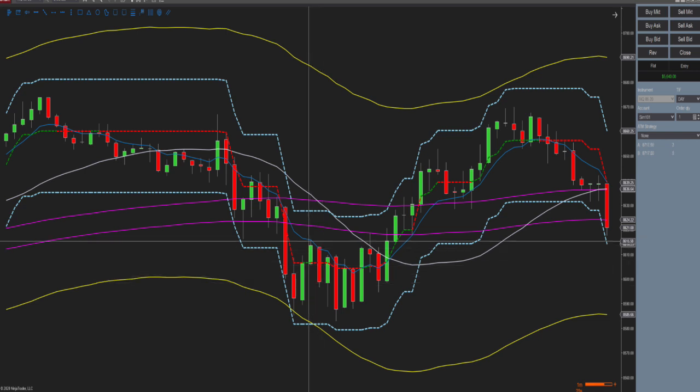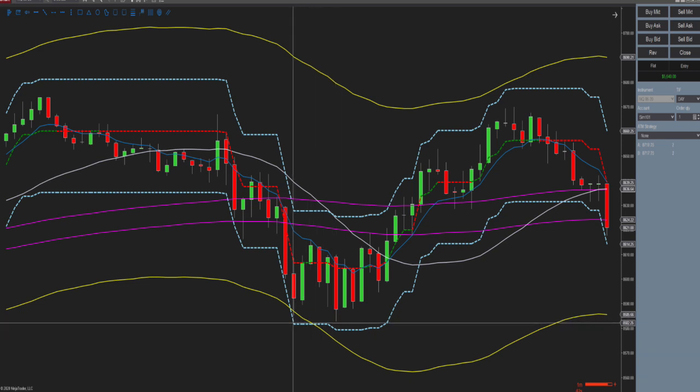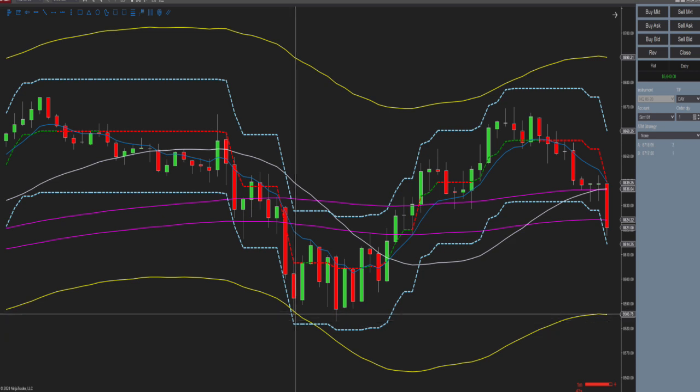I was trying to get this 8 out of the chart, but it's very important, so that's why I have that extra there. Then the market went down and made a new low. But take a look at where the blue line was on this red bar: it was under the yellow.